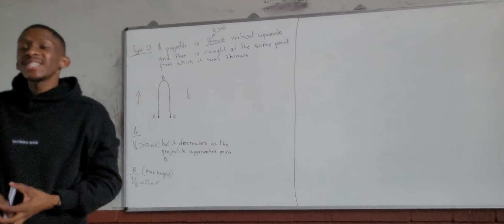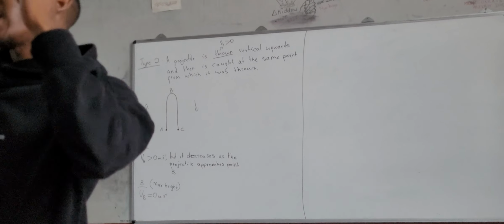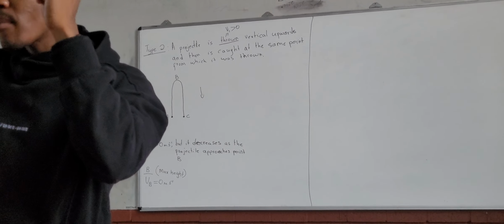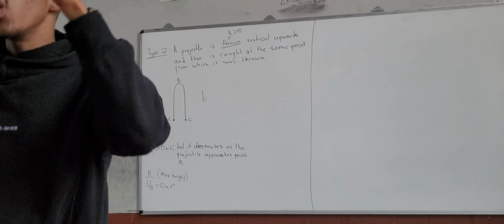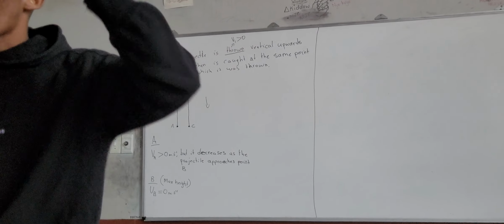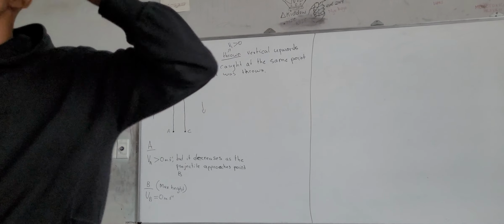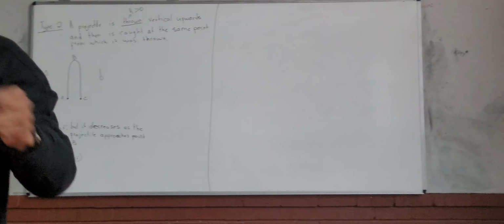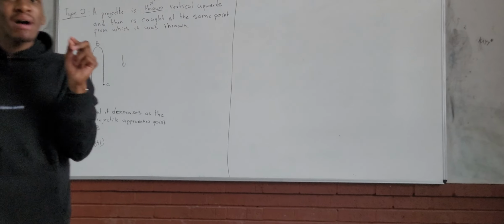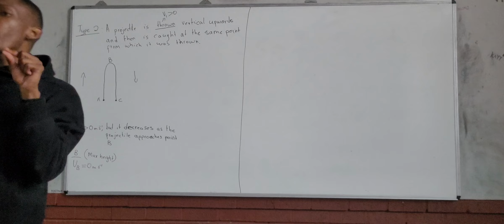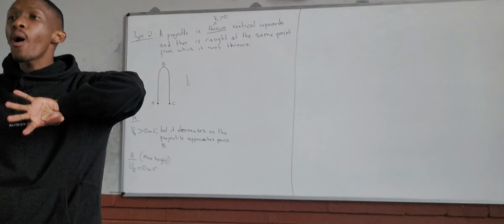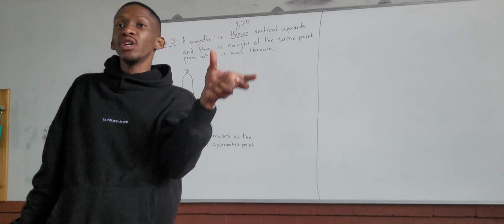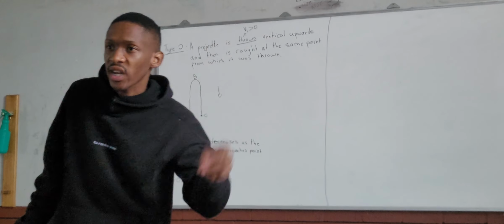You must know that at the maximum height, the velocity of our projectile will be equal to 0, because at the maximum height, it is a point where our projectile will begin to change direction.